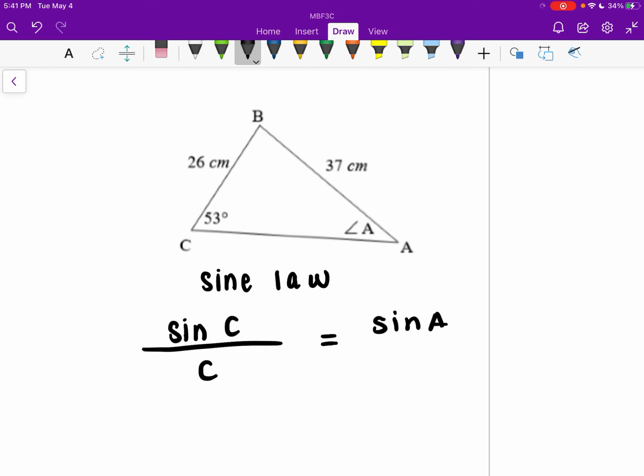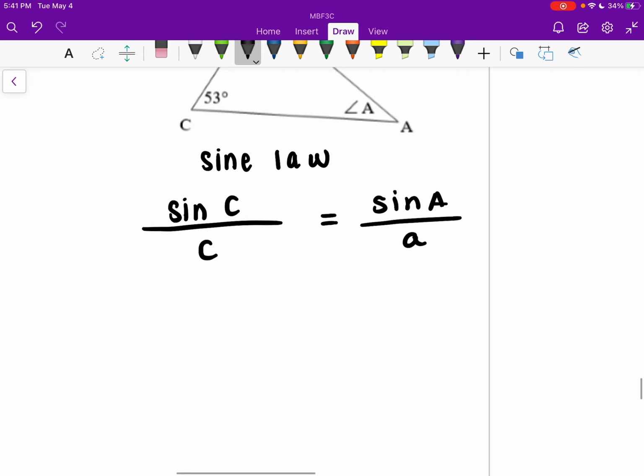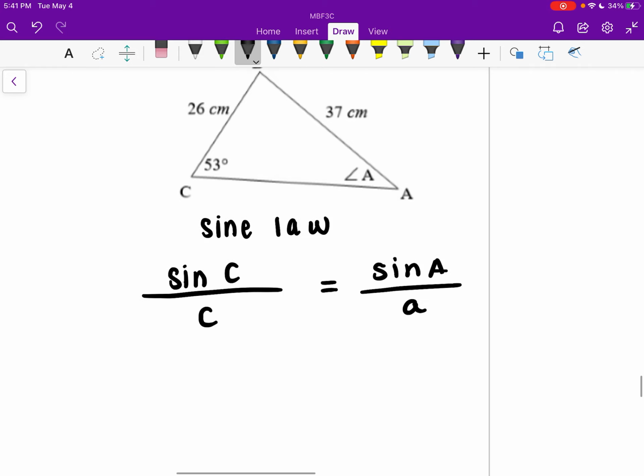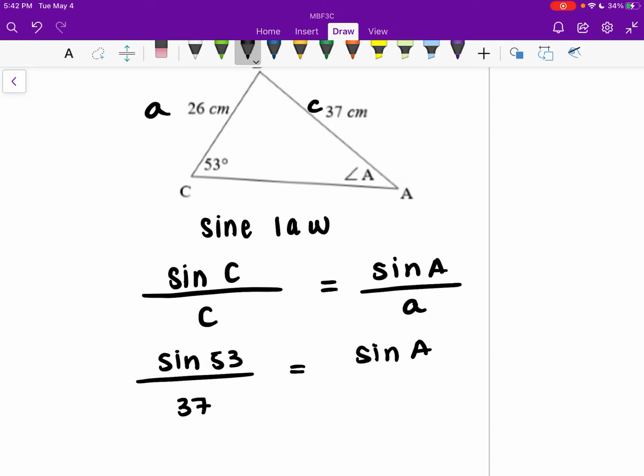Sine A over side A. So I'm just going to plug in what I know. This is side A, this is side C, right? So sine 53 over 37 is equal to sine, and I don't know what angle A is, so I'm going to leave it, over 26.